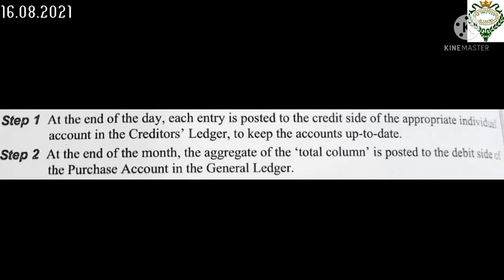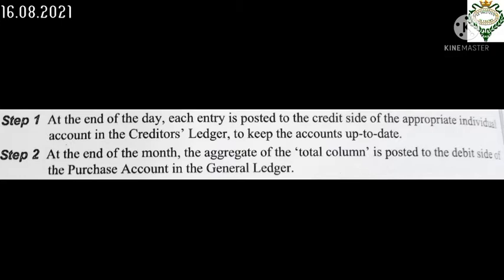The first thing we have to keep in mind while doing the ledger account is that at the end of the day each entry is posted to the credit side of the appropriate individual, and at the end of the month the aggregate of the total column is posted to the debit side of the purchases account. So whatever purchases total we have got, we put on the debit side.